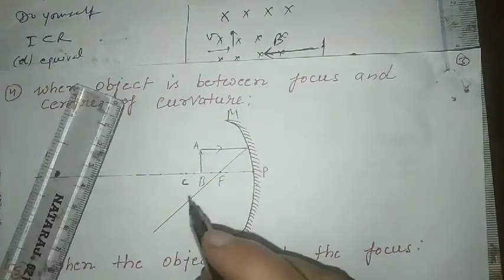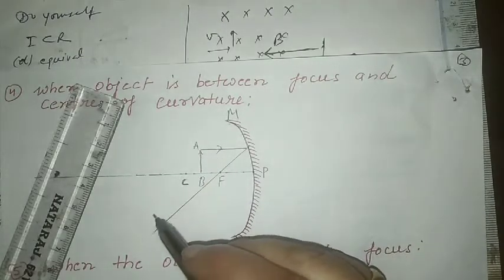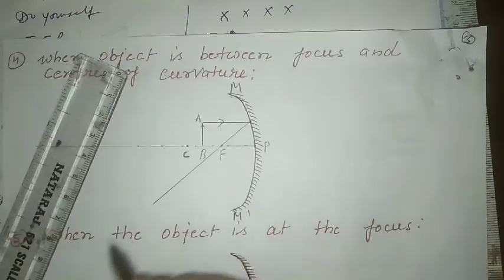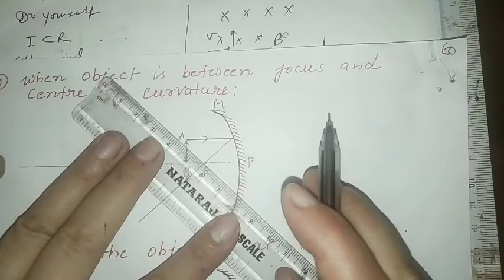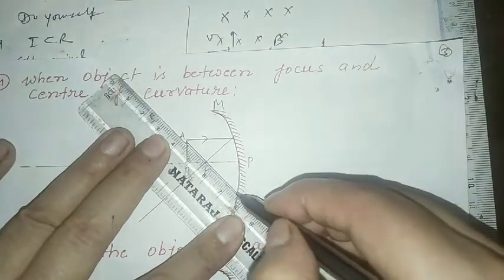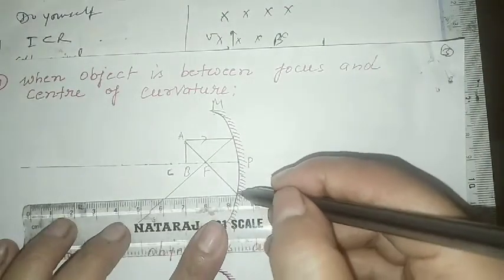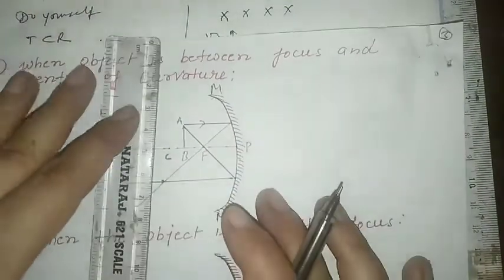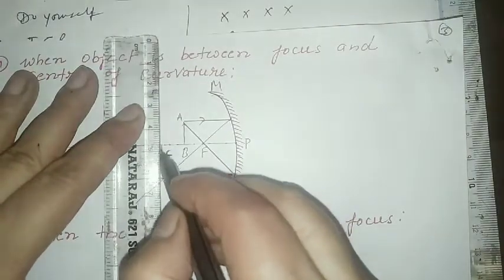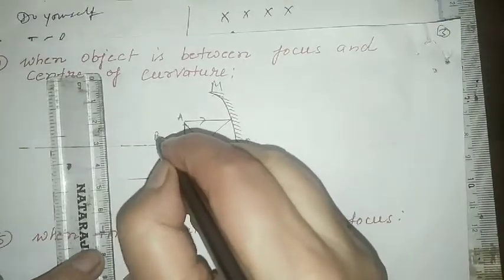Now here we have two ways: either we can pass one ray from the center of curvature like this, so it will meet somewhere far, or we can pass one ray from the focus and then it will become parallel to the principal axis. Where both the rays intersect each other, the image is formed. So this one is A dash, this one is B dash.